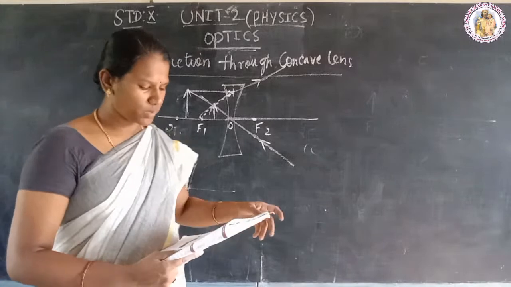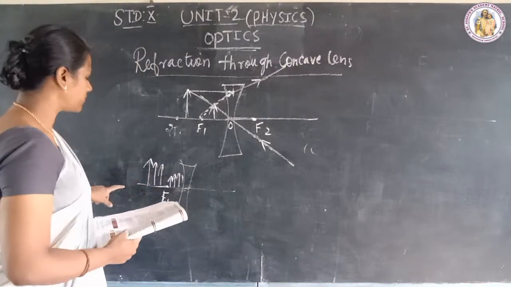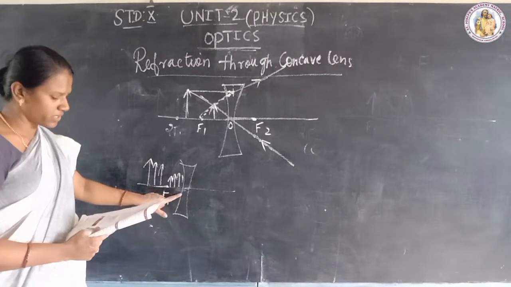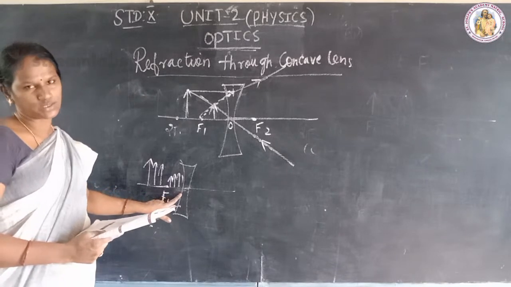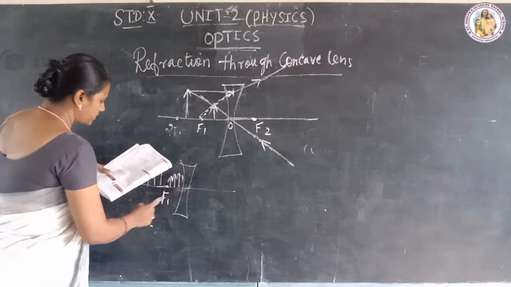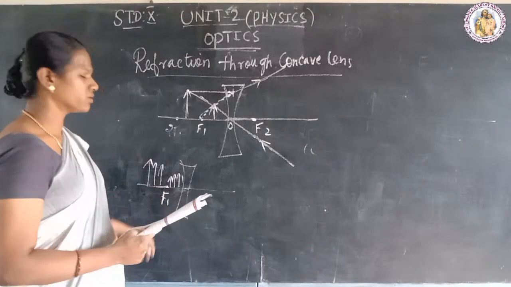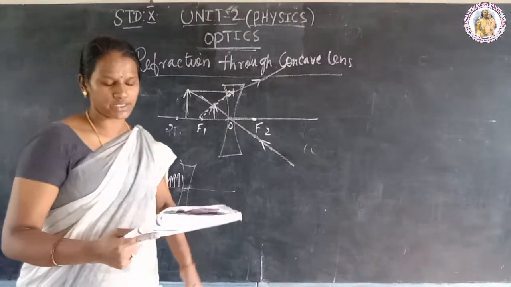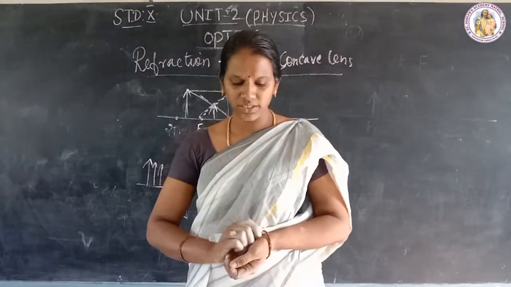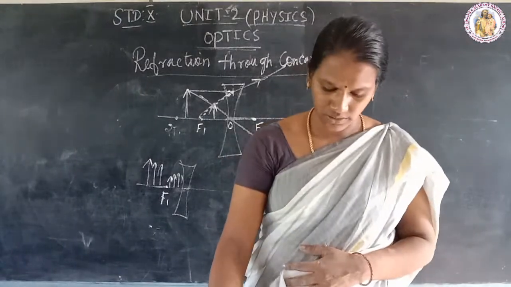As the distance between the object and the lens decreases, the distance between the image and the lens also keeps decreasing. Further, the size of the image formed increases as the distance between the object and the lens decreases.